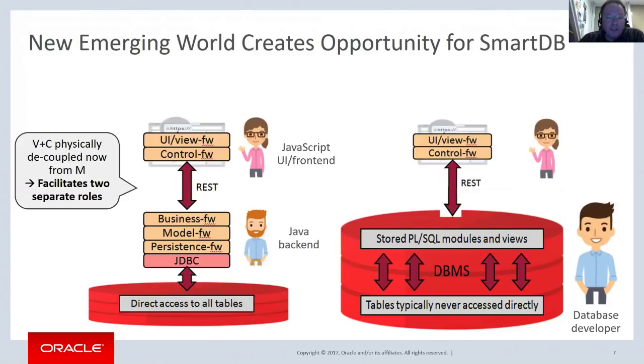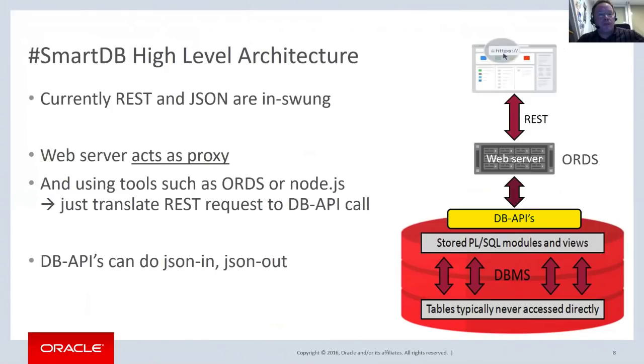Yeah, so that's the point that I wanted to make as a starter, as a warm up for this month's SmartDB office hours. So currently we see this REST that's very hip, and JSON being the data format used to implement the payload of these REST messages.